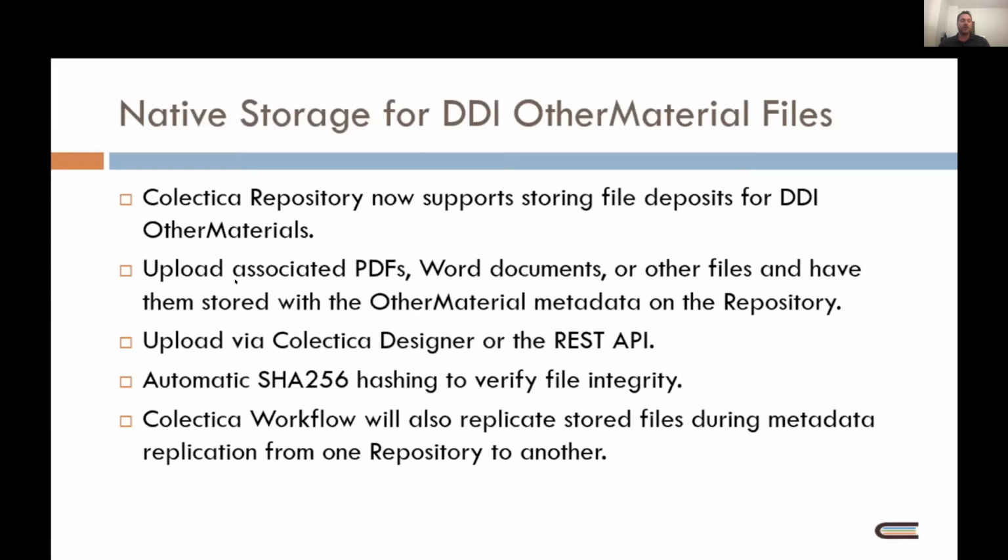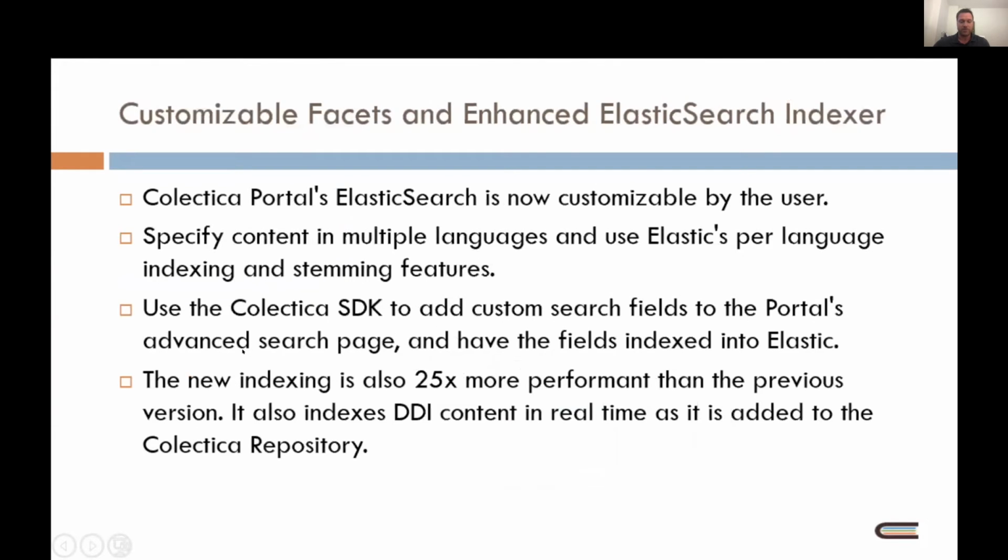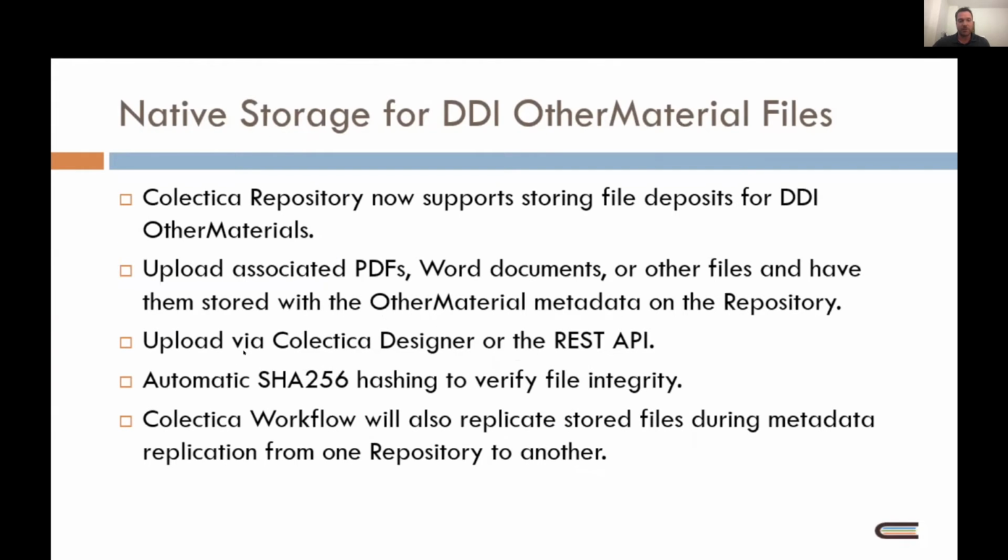Next feature, native storage for DDI other material files. So Colectica Repository now supports storing the file deposits for DDI other materials. You can upload files like associated PDFs, Word documents, or other files, and then have them stored in the other material metadata on the repository. And you can upload via Colectica Designer or by using the REST API.